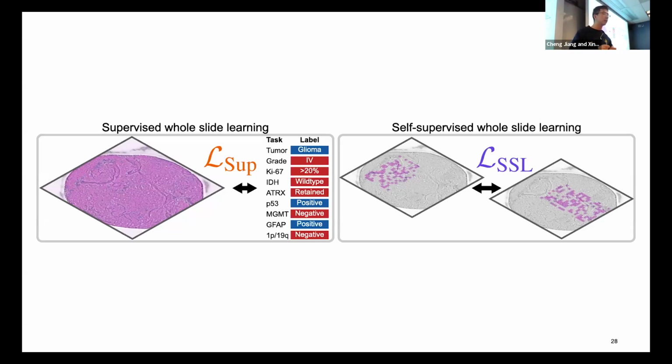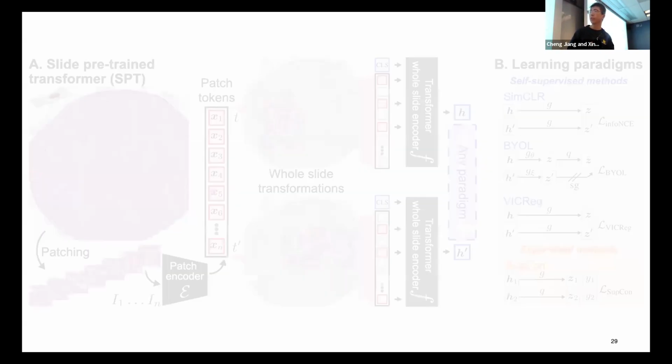And this very easily leads to task-specific overfitting. Here we propose to have the slide encoder learn the inherent whole-slide structures within itself, without any reliance on those tasks or dense annotations.